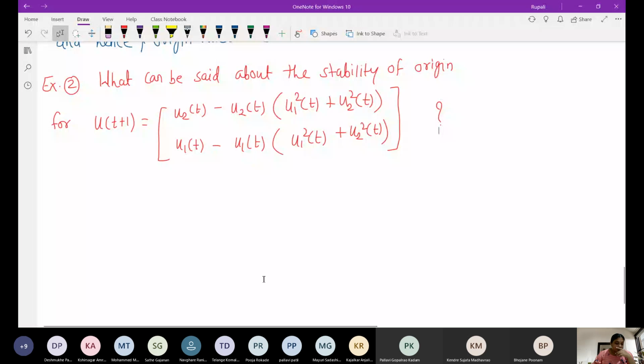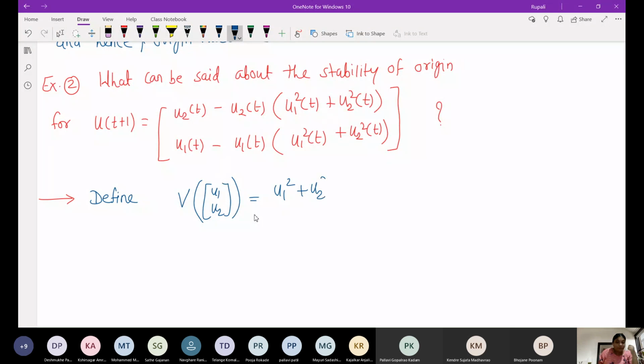So again we need to check whether it satisfies the property. Again we will define the same Liapunov function. Define V at u1 u2 is equal to u1 square plus u2 square.